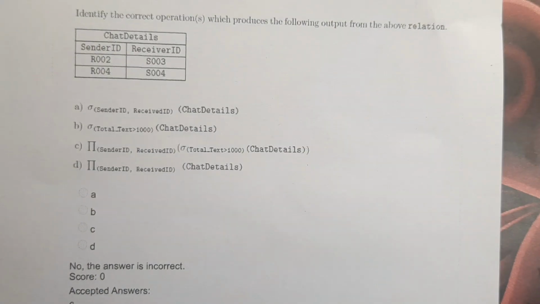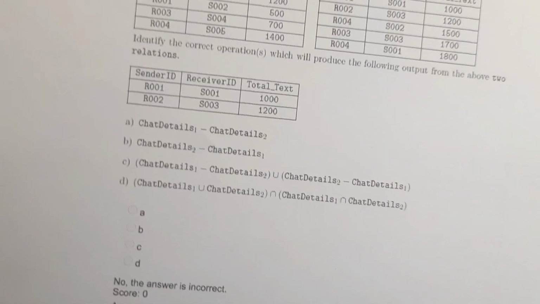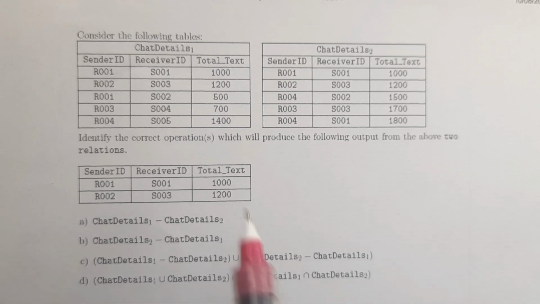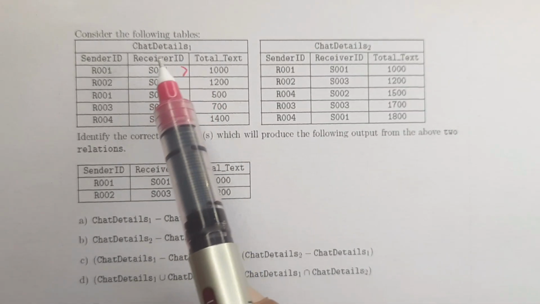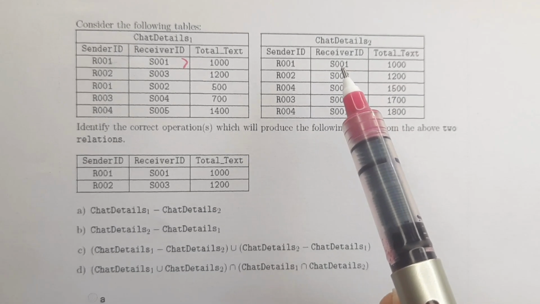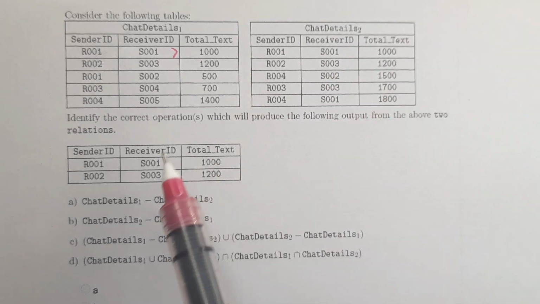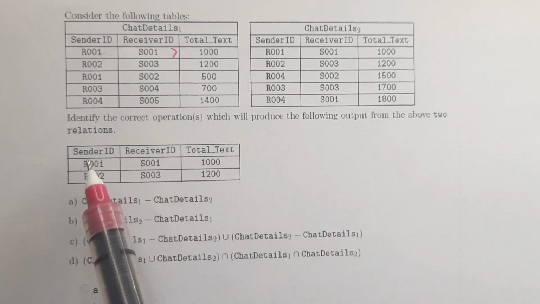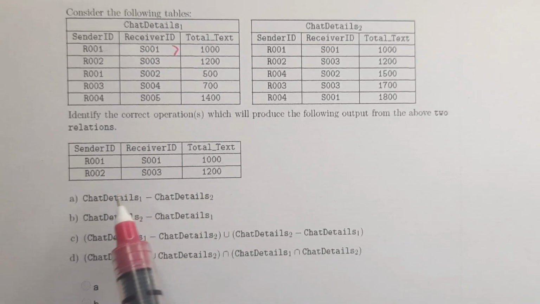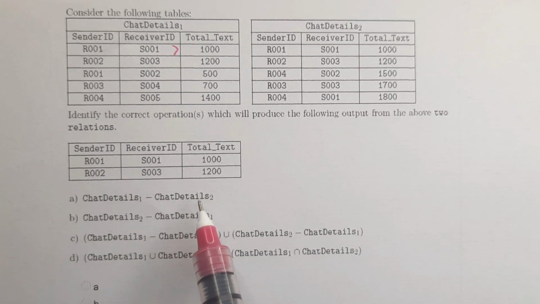Let us move on to question number 8. Now you can see the question number 8 that we have. There are two tables, chat 1 details and chat 2 details. Identify the correct option which produces this relation. So here chat details 1 minus chat details 2.